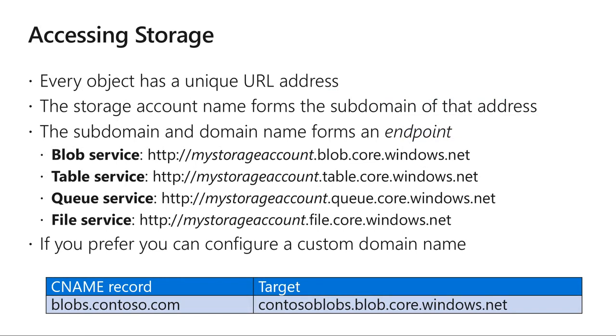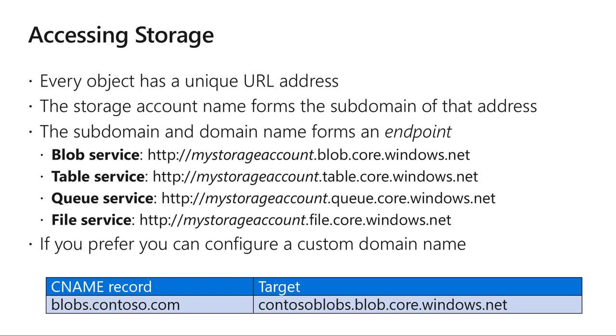And talking about accessibility, we said you can access the storage account from anywhere with internet connectivity. This is because Azure generates the storage account address in the format you see here: http://yourstorageaccountname.blob.core.windows.net. That's one way you can access it. Another way is if you prefer your own custom domain.